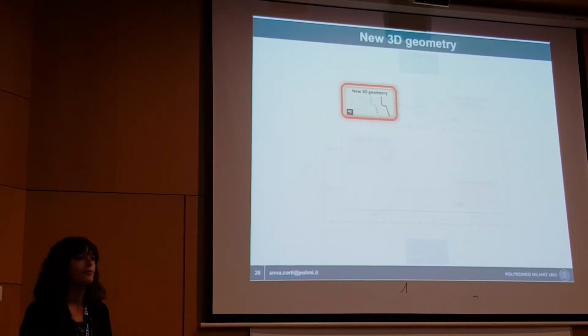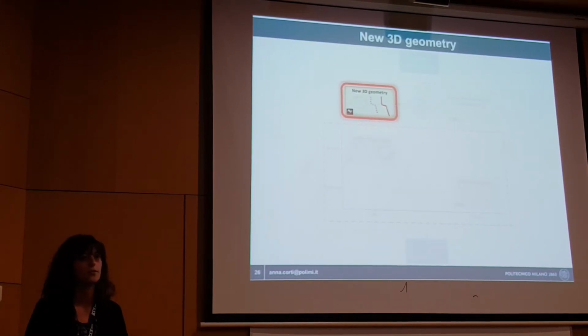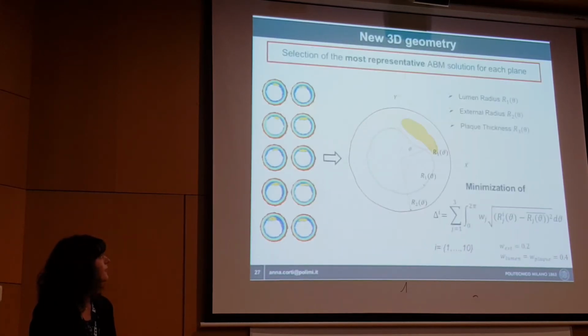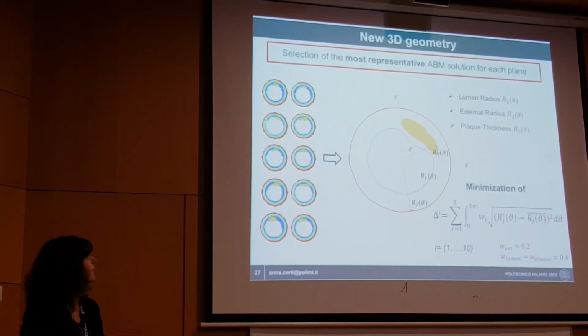Coming back to the coupled framework, we said that after a certain period of time, the agent-based model simulations are stopped and a new three-dimensional geometry is built. For this purpose, a method was developed in order to select for each plane the most representative solution among the 10 possible outputs.